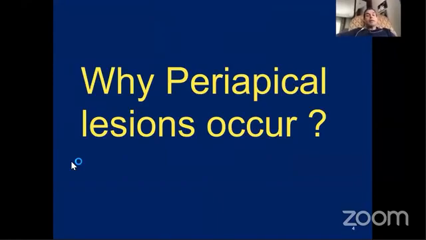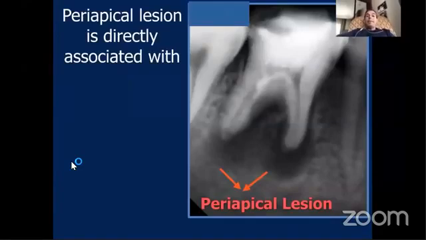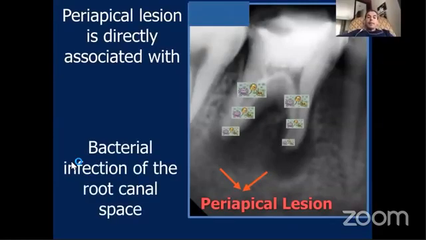So let's first discuss why they occur. Periapical lesion is directly associated with the presence of bacteria in the root canal space. So it is very important to bear in mind, without microorganisms, no periapical lesion will occur.